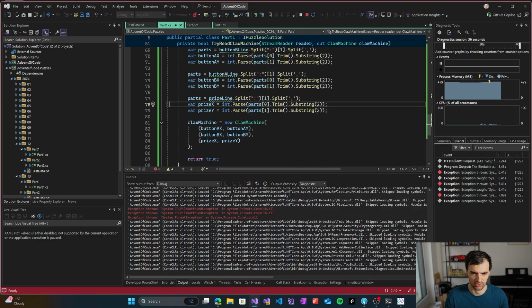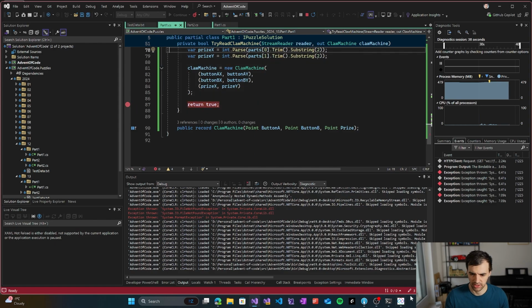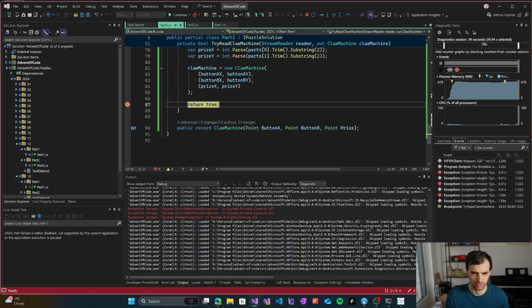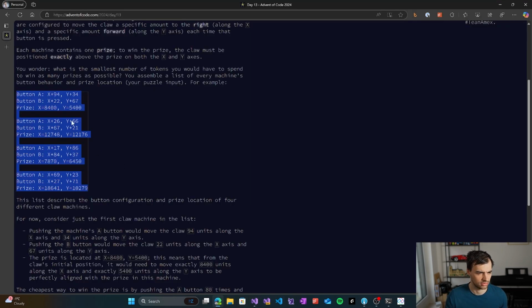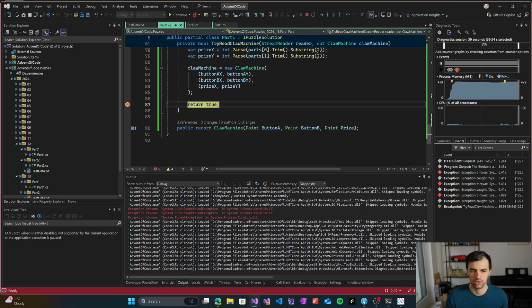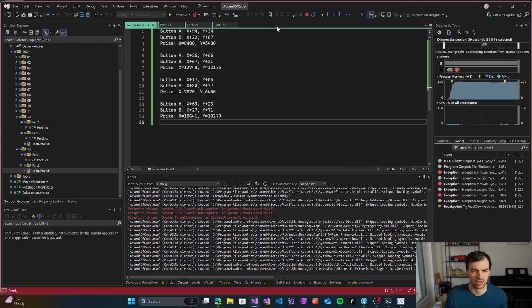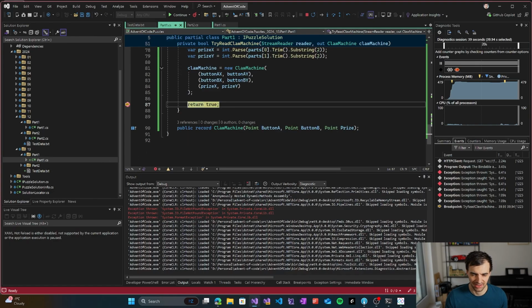Right, so it's doing something at least. Let's see if it's reading the input correctly. So button A, 67. What is it? 22 and 67? Where is it coming from? There's nothing like that. Oh, 22. Oh, all right, so that was my misunderstanding. So 22 BX AY.